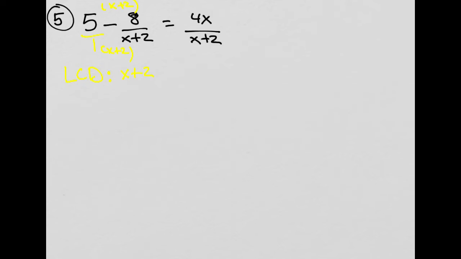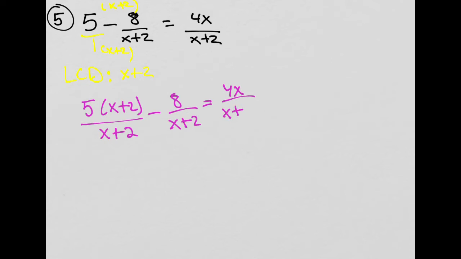So now I have 5 times x plus 2 over x plus 2 minus 8 over x plus 2 equals 4x over x plus 2. Because it's an equation, right? Once we have all denominators the same, we can go ahead and cancel it out.